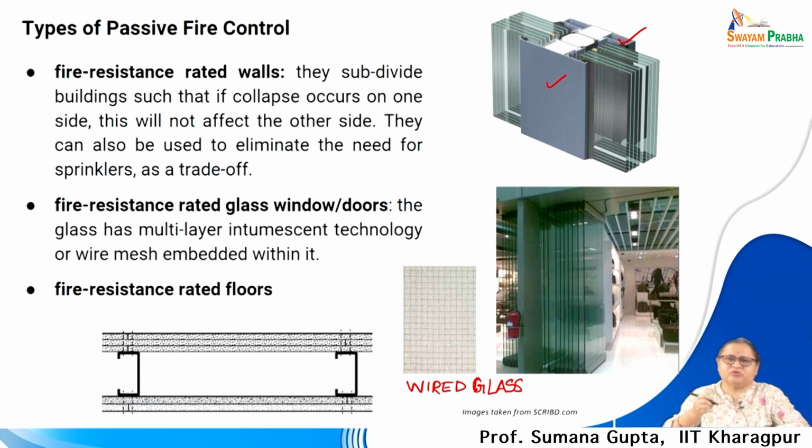It is put in a fire door, usually in a fire escape staircase, so that one can see the condition on the other side. So, this has transparency as well as a fire rating. It does not allow fire through it.